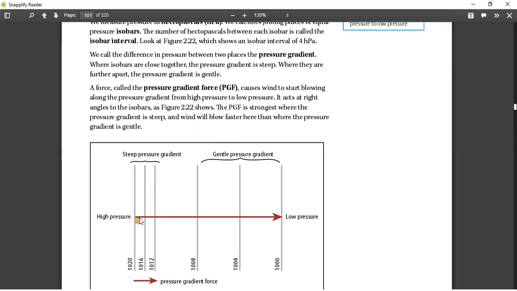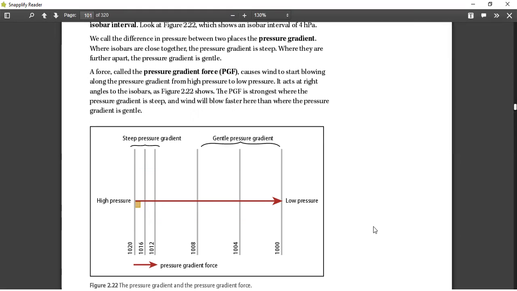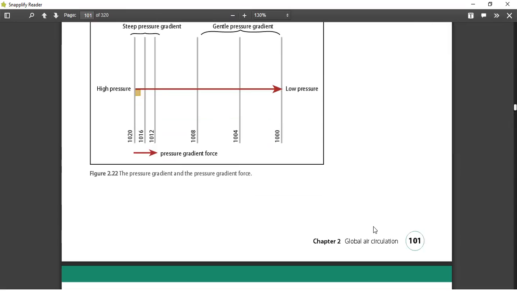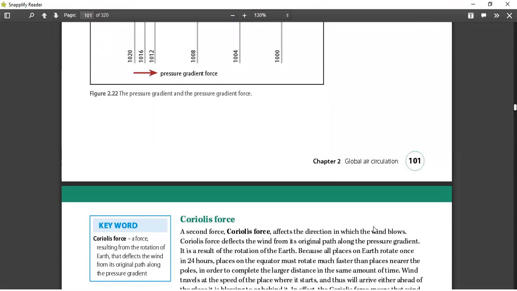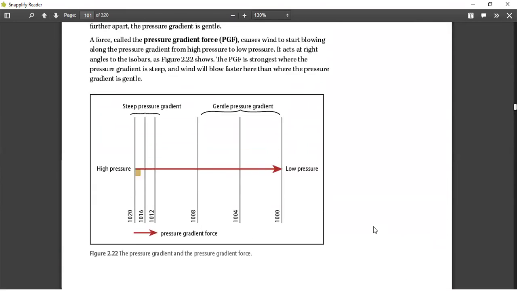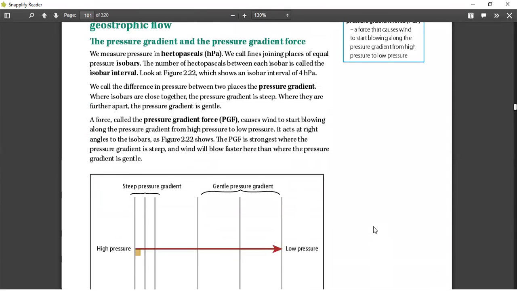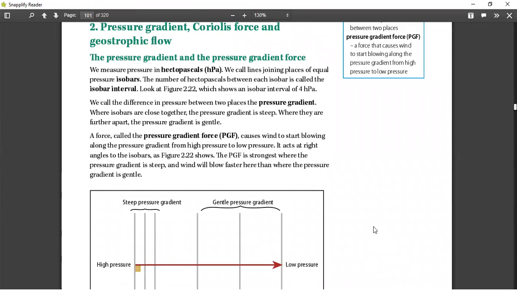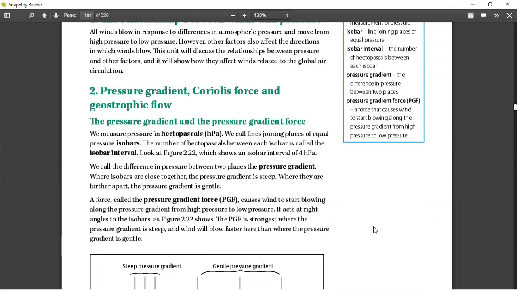As you can see, there's the right angle right there, and there's the direction of the pressure moving from high to low. So basically that is the story of pressure gradient force. It is when pressure moves from high pressure, at a steep pressure gradient, to low pressure, at a gentle pressure gradient.